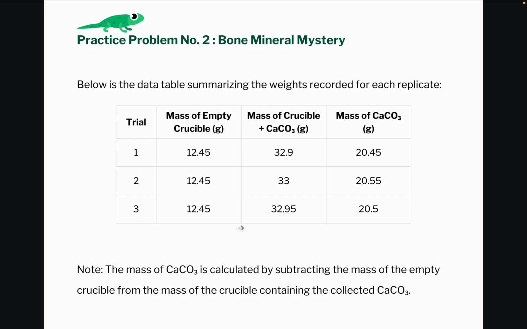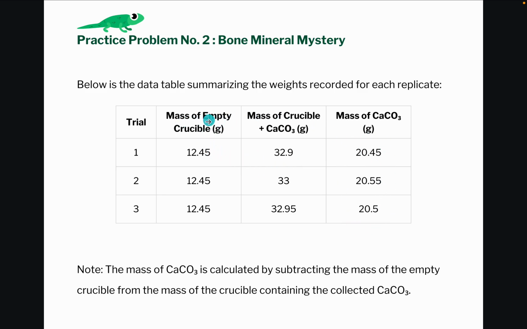So just a further additional input on this, we can actually design our method with replicates. We can use 3 replicates or 3 trials. For example, you obtained per trial, so we use 3 replicates, and then you can get the mass of calcium carbonate here by using the same formula.